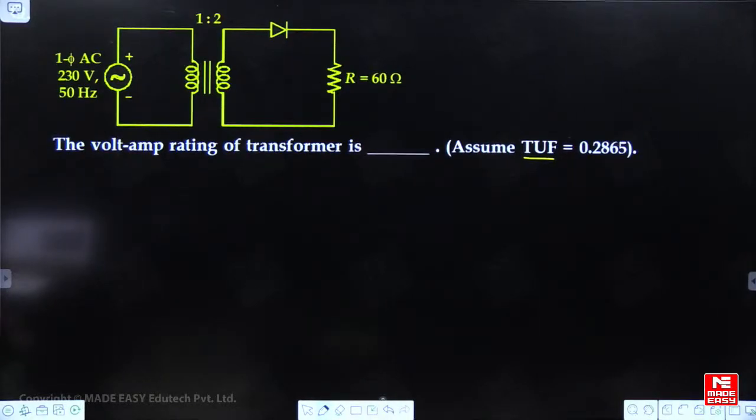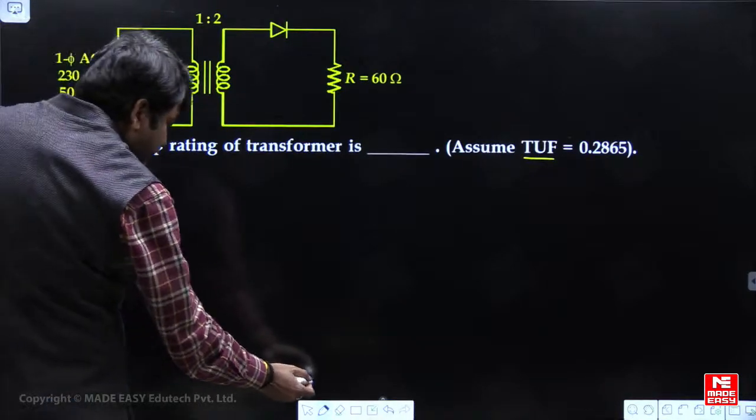Yes, students, make it fast. Also find the PIV rating of the diode, students. Same question, one more question I am adding here.